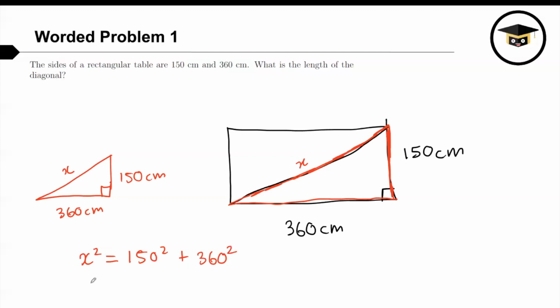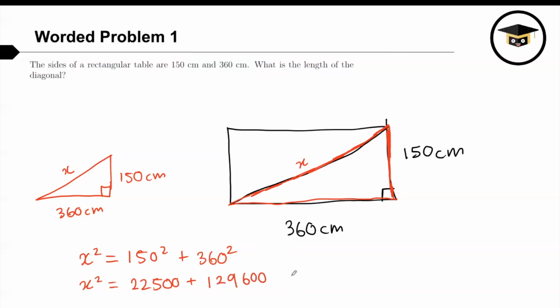Now we evaluate that. So X squared is equal to, now 150 squared, if you enter into your calculator, should give you 22,500, and 360 squared, if you enter that into your calculator, should give you 129,600.